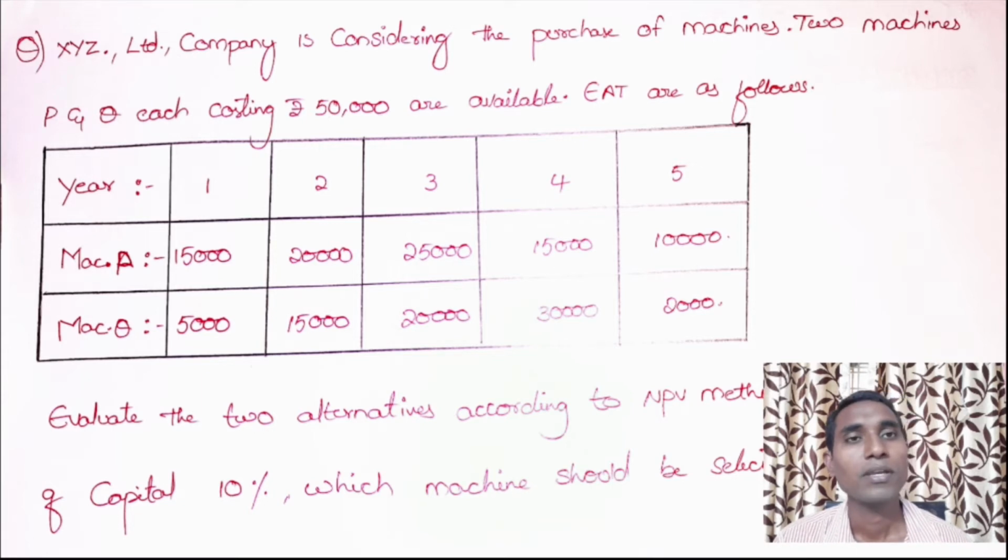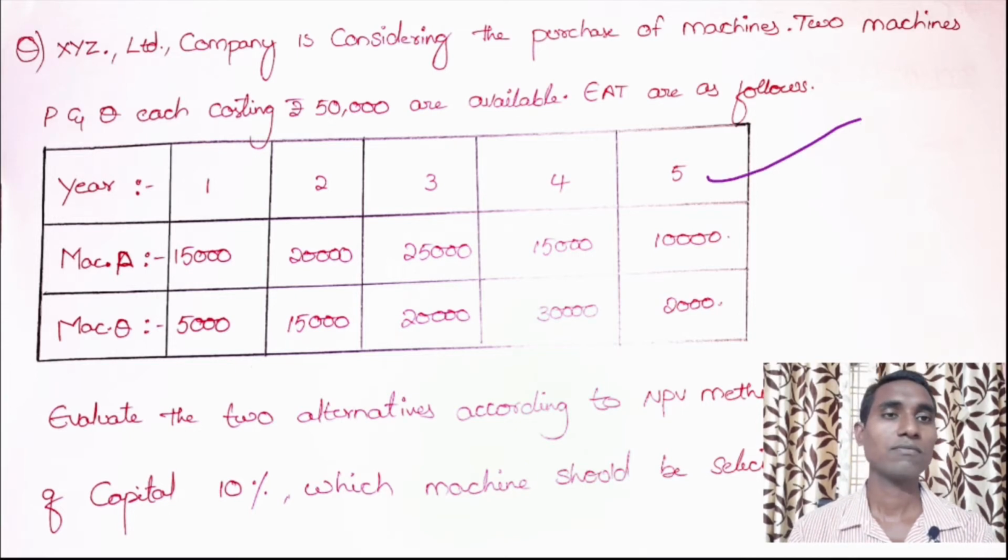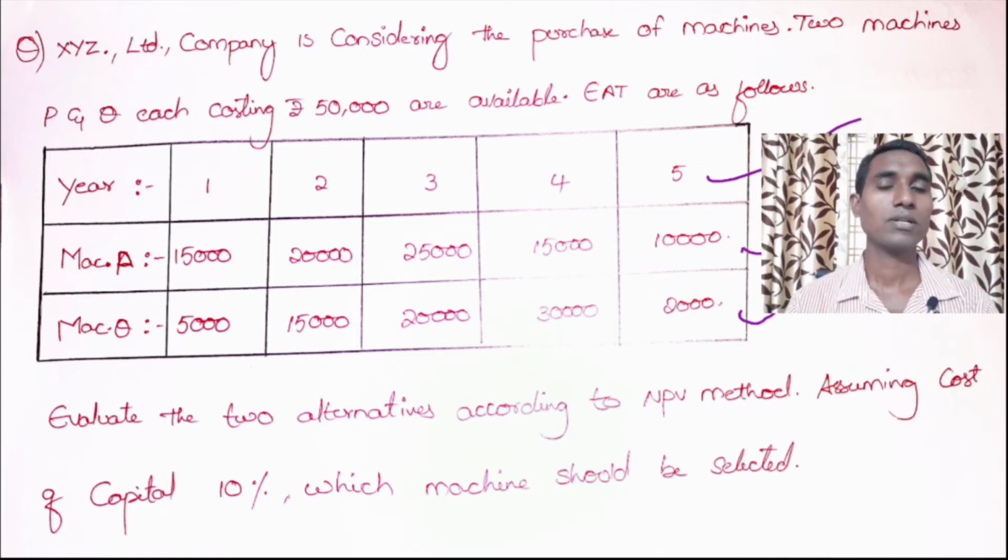So here P and Q are available, and P cost is 50,000 and Q cost is 50,000. So earnings after taxation are as follows. Both have a life of 5 years. They have given years 1, 2, 3, 4, 5. Now machine P's cash inflows are given, machine Q's cash inflows are given, and let us see what he is asking.